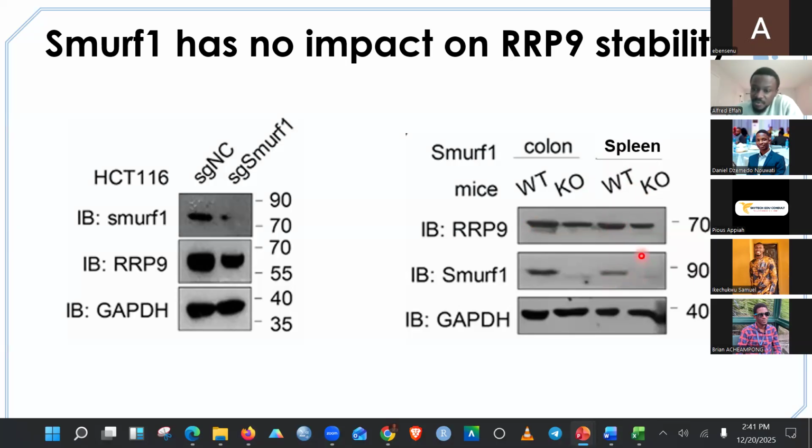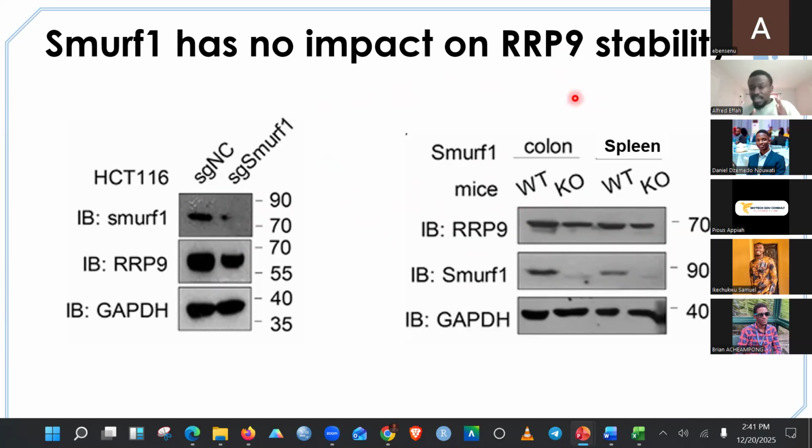When you delete SMURF1, it's still present, nothing is happening. So they performed in vitro and in vivo experiments, and they concluded that SMURF, even though it interacts with RRP9, has no effect on the stability of RRP9. And that is one arm of SMURF1.